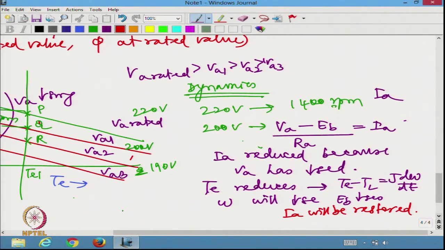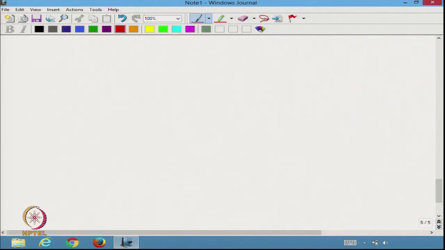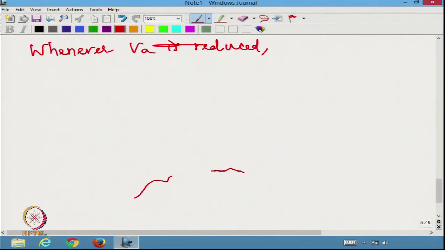So, whenever I change VA, whenever VA is reduced, I am going to have essentially speed decreases.